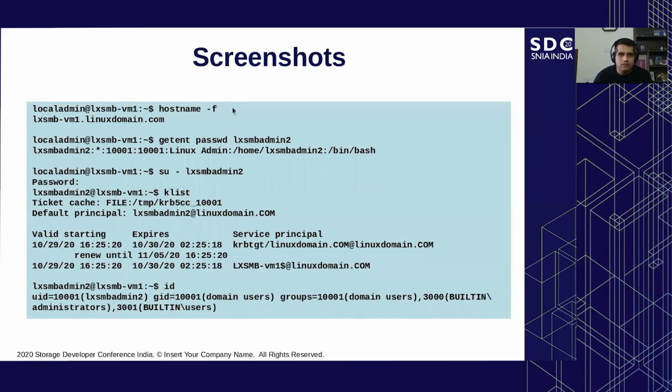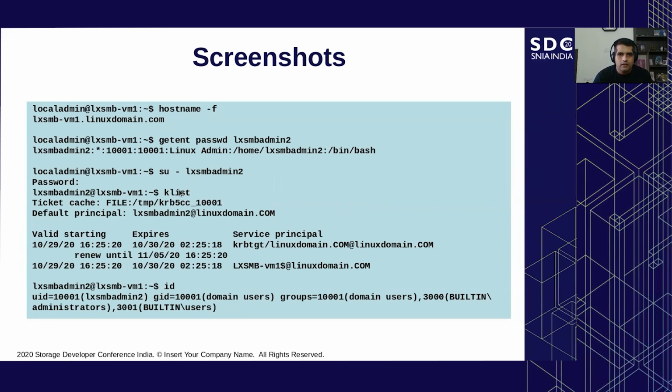Here are some screenshots of an Azure Linux VM that is joined to the domain linuxdomain.com. The Active Directory user lxsmbadmin2 can be used to log into the client VM, since it's already domain joined.